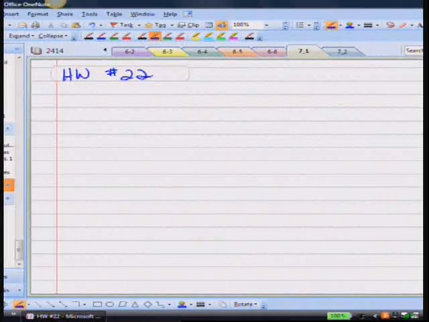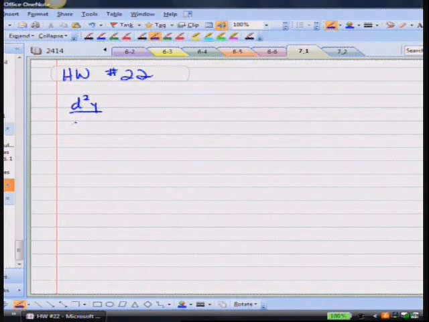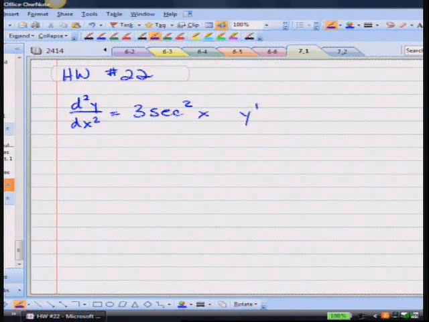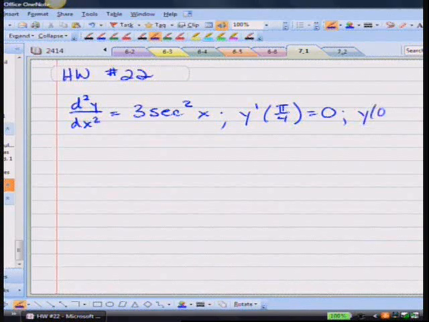All right, so homework 22: the second derivative, they tell you, is 3 secant squared x. And they tell you that the first derivative at pi over 4 is equal to 0. And they tell you that the original function at 0 is equal to 0.